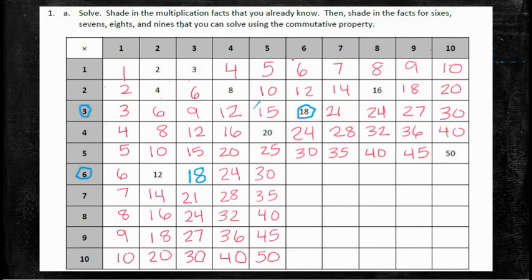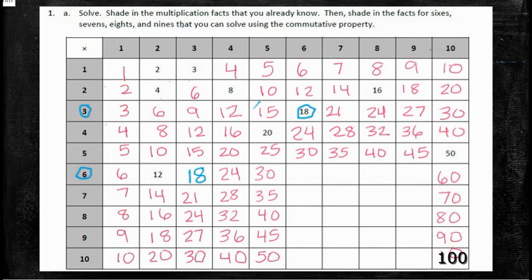We haven't learned our multiplication facts for 6, 7, 8, or 9 yet, but we do know 10s. 10, 20, 30, 40, 50. Nice. Okay, so we know that we have all of those.